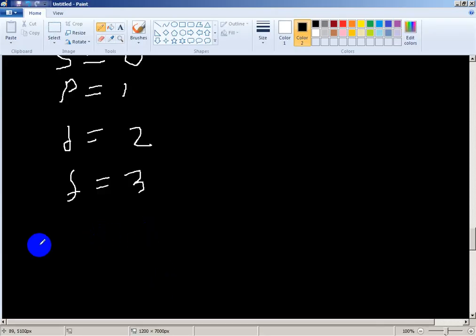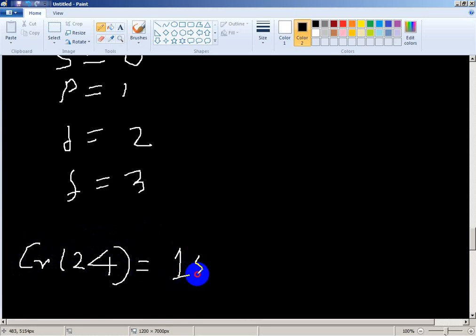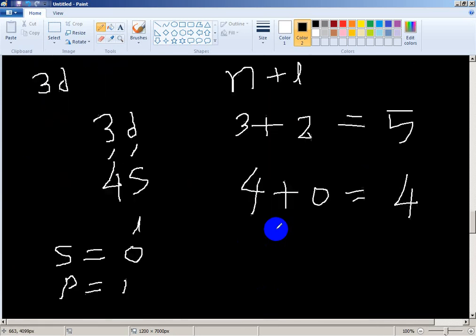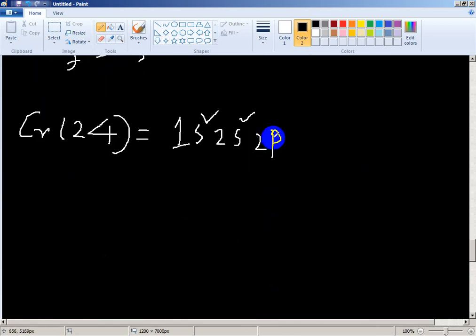This is 24, chromium. 1s2, 2s2, 2p6, 3s2, 3p6. Then which one?